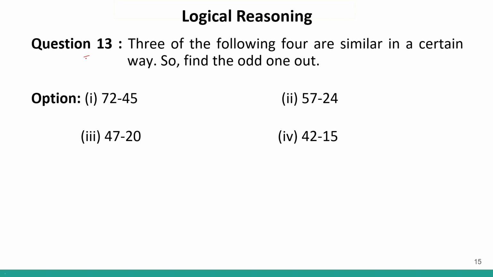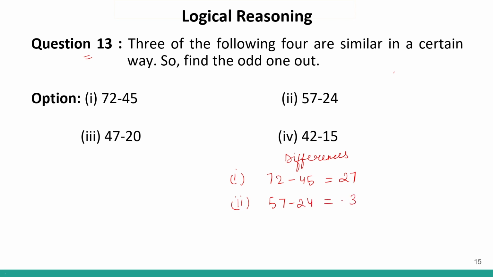So, in question number 13, again, let me find the differences. If I look at option number 1, the difference would be between 72 and 45. The difference will be how much? 27. Okay? If I look at option number 2, 57 and 24, the difference will be how much?